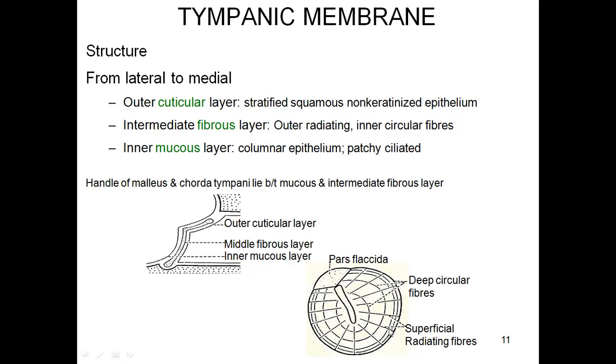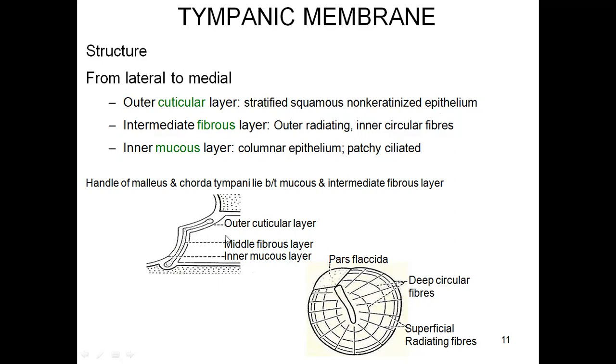You can see the radiating fibers like sun rays, and we are also finding circular fibers which are round, which are actually produced by the intermediate fibrous layer. The innermost lining is the inner mucous layer. The inner mucous layer is pointing towards the middle ear cavity.